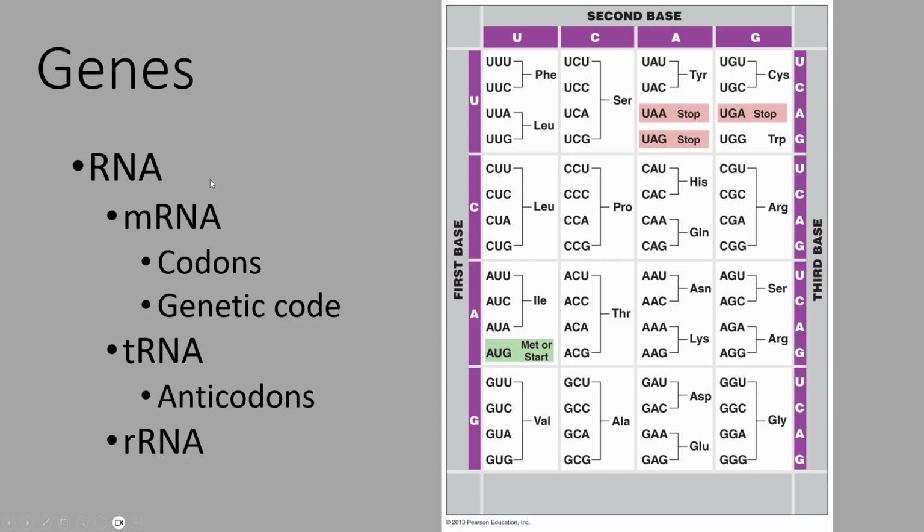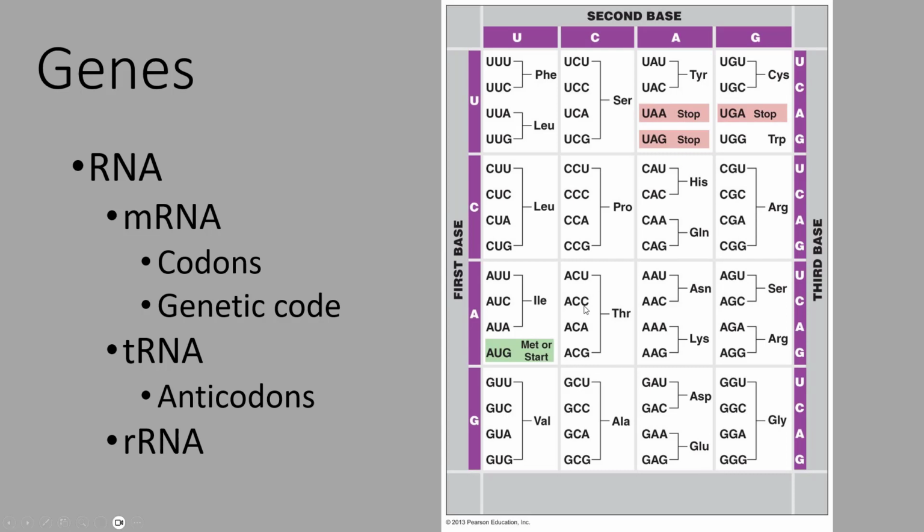Eventually we have this long chain of amino acids that becomes a protein. So if we know the order of DNA, then we automatically know the order of messenger RNA. And if we know the order of messenger RNA, we will get to look up the order of amino acids. And the order of amino acids determines the protein.